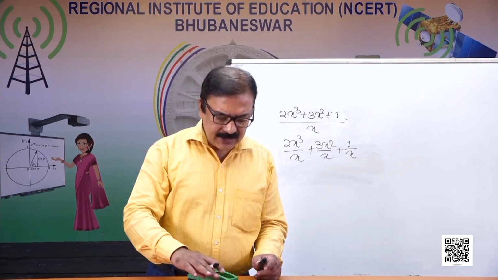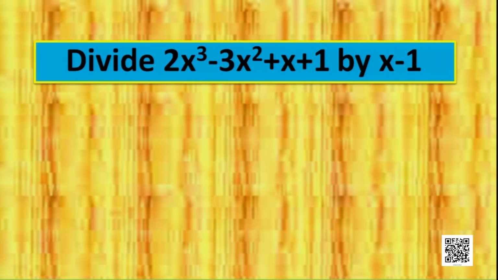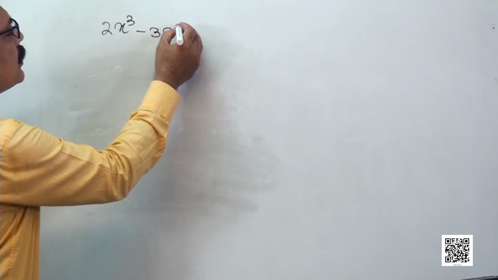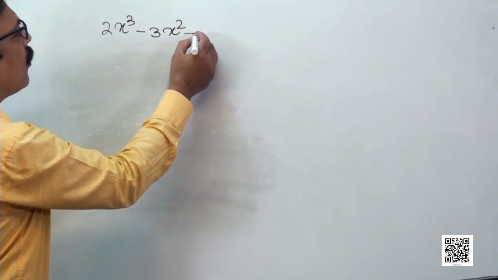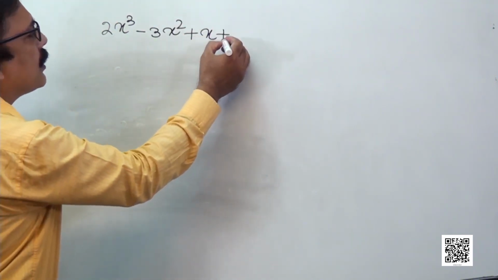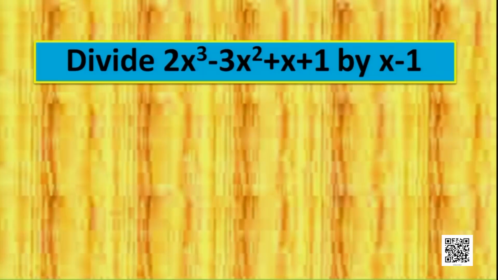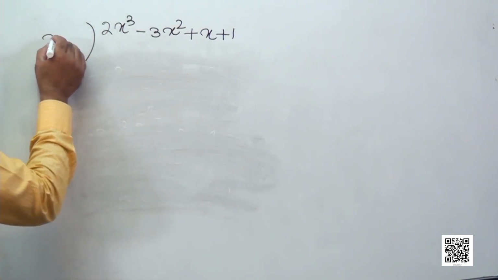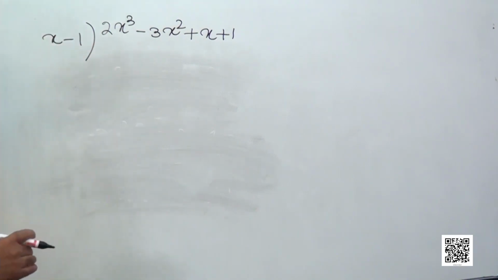Let's divide it. The question is 2x cube minus 3x square plus x plus 1, and this is to be divided by x minus 1. Let's understand the process of division in polynomial.